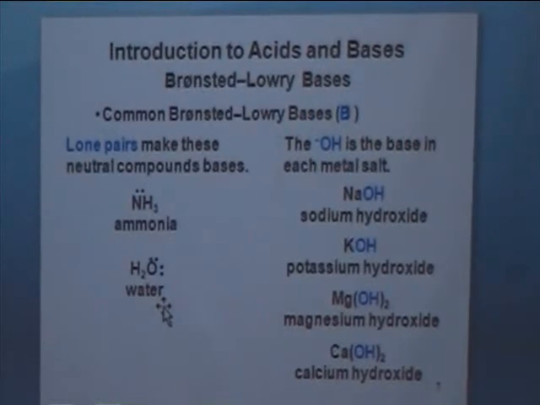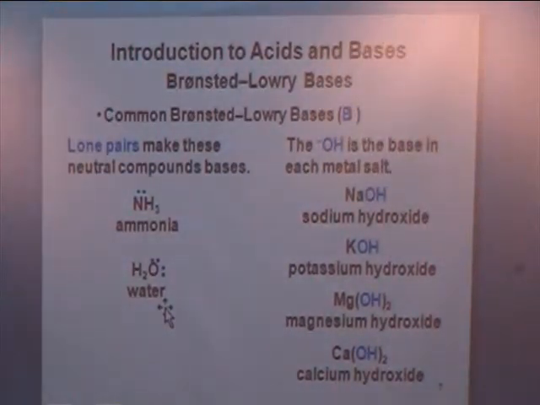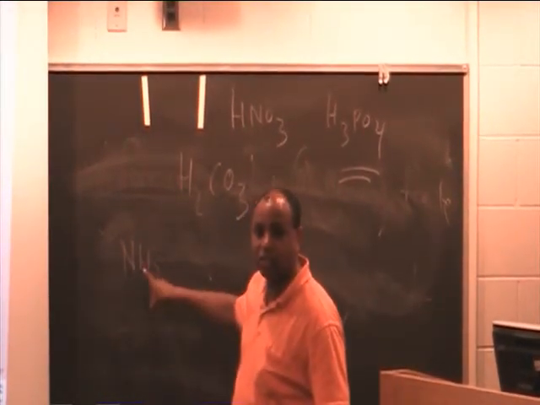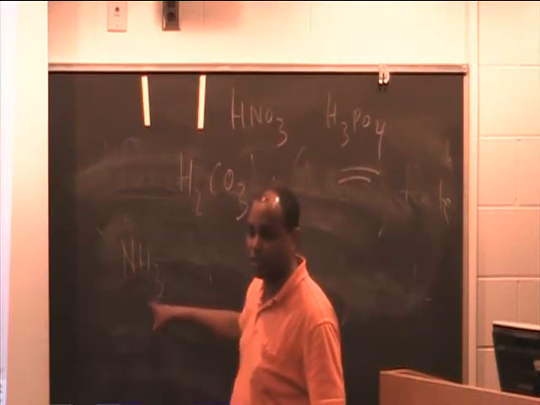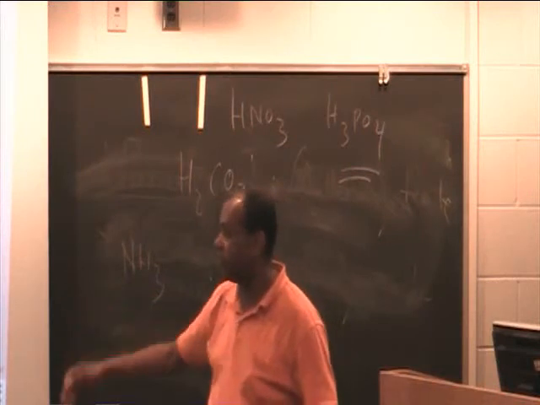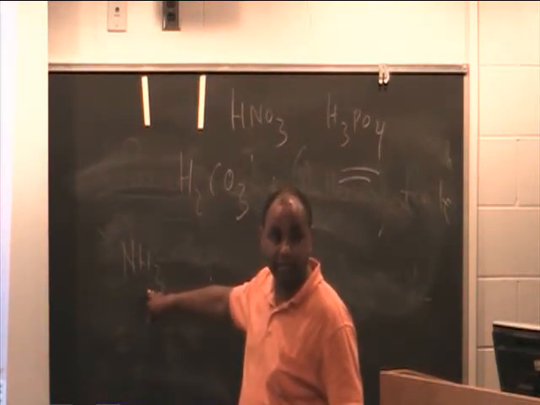L-E-W-I-S. It tells you how the electrons are distributed around the central atoms. So ammonia, NH3, is considered a basic solution. According to Bronsted, as far as it accepts a hydrogen ion, it's a base.